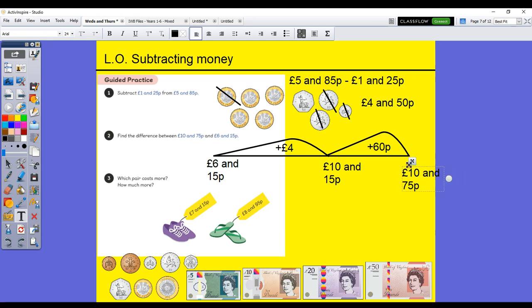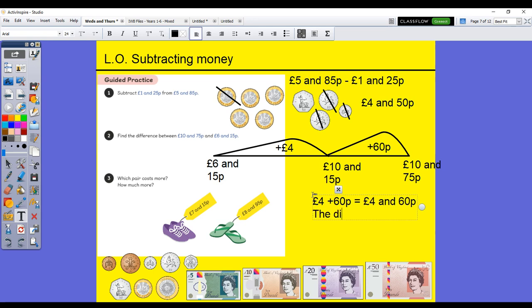So what is the difference then? We can write our sentence. What is the difference between £6.15 and £10.75? So we know we have to do £4 plus 60 pence equals £4 and 60 pence.